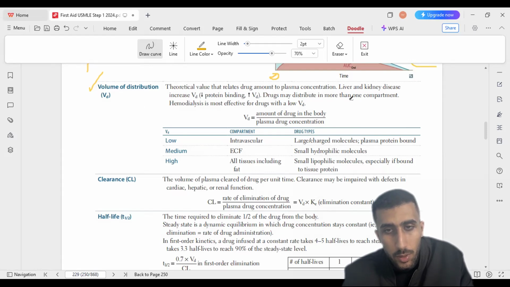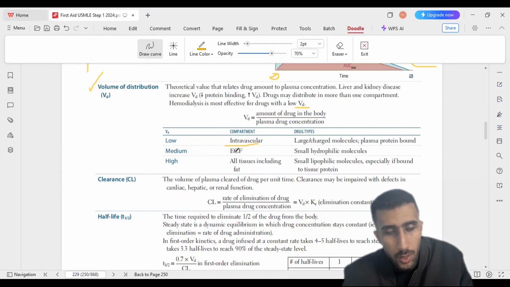The drugs may distribute in more than one compartment consequently, and hemodialysis is most effective for drugs with low volume of distribution. Logically, if you have a drug with low volume of distribution, it means most of it is staying intravascular, so if you do hemodialysis for the intravascular blood, and the drug is in it, it would be very effective.